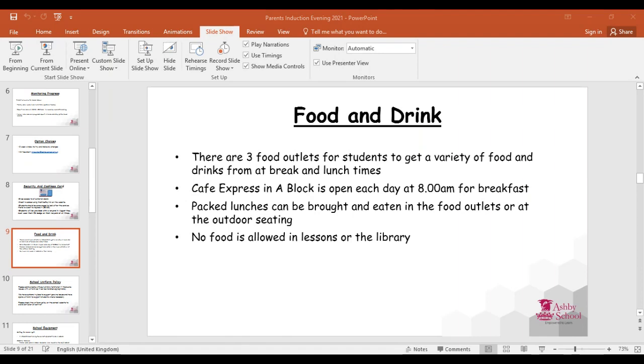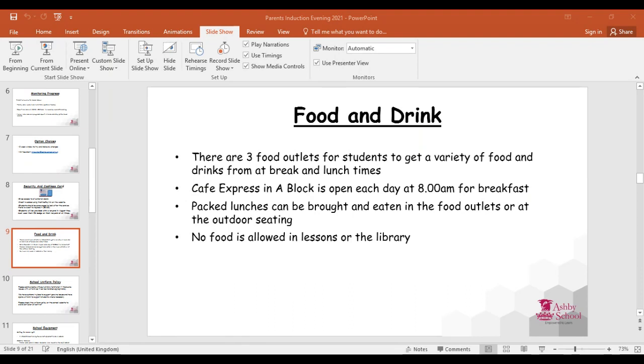With regards to break times and lunch times, this is a very common question from the students as to where they're going to socialise with their friends and where they can possibly go. We have 3 food outlets, so we have 2 massive canteen areas for students to socialise and grab their food. We have a variety of different foods on offer, from paninis, main course meals, cold food, pasta king.